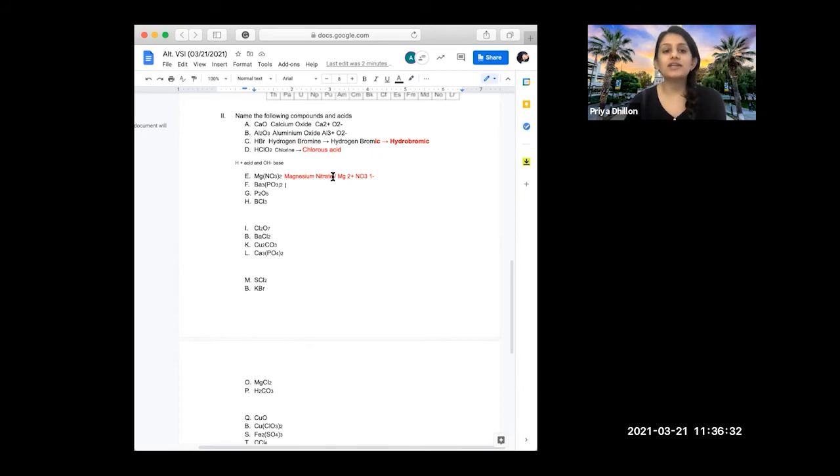If you don't know how to write the formula from the name, you won't be able to write a balanced equation and then you won't be able to do mole conversions. So this is really, really important to understand. All the questions that you have right now, please ask them, because once we go into the word problems, it's just gonna get more complex from there on.